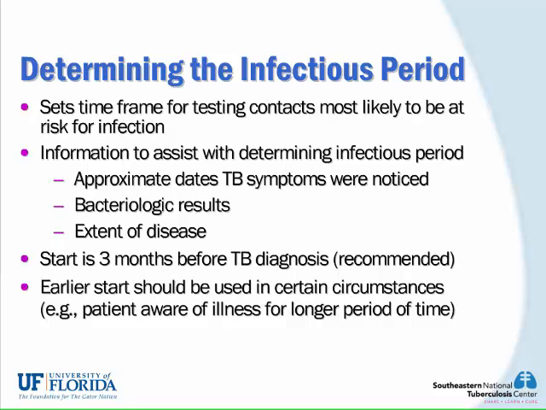In general, it's recommended to start the infectious period 3 months before the diagnosis of TB. Sometimes the infectious period is started a lot earlier, in cases where the patient clearly has a history of symptoms, especially cough, for longer periods of time.